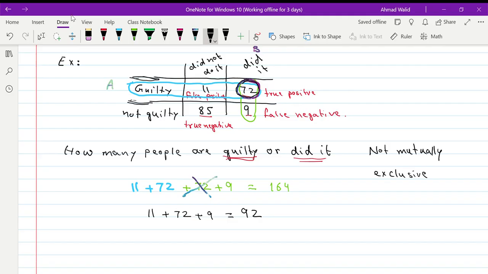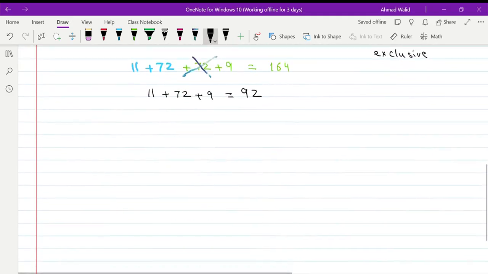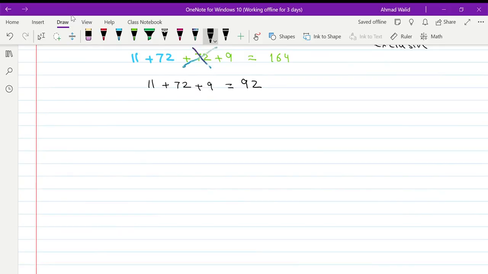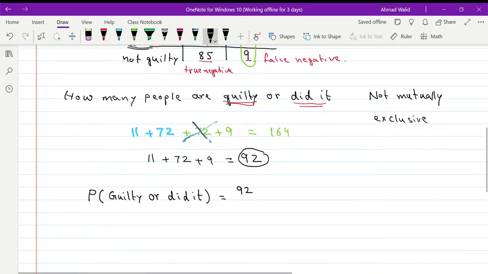Correct? Now, if I ask you in this example, what is the probability of finding the people that are guilty or did it? If I want to find this probability, the people who were guilty or did it, we found it's 92. Divide by what?